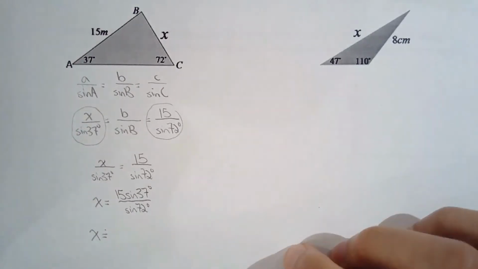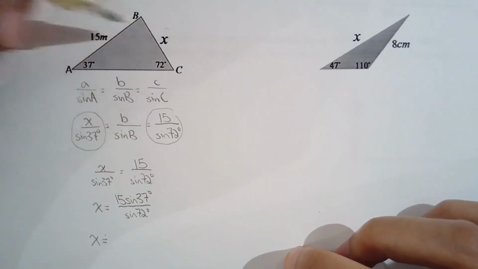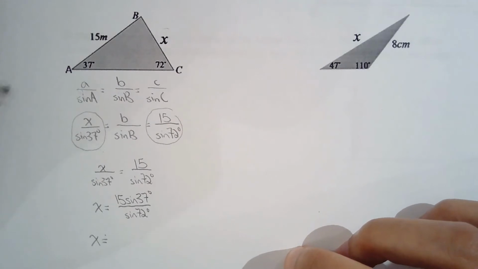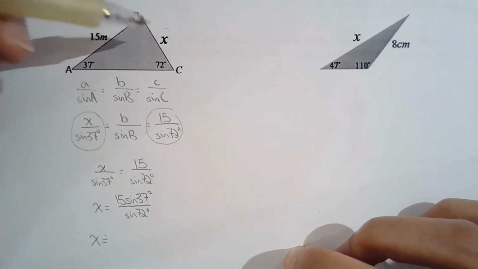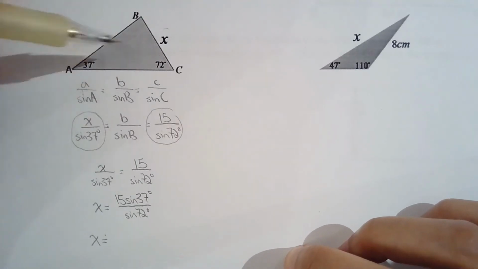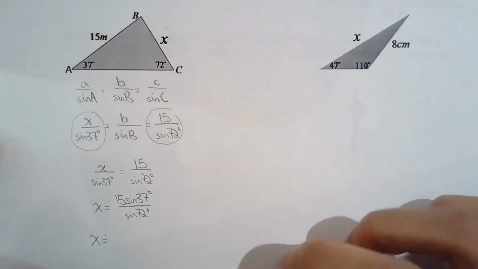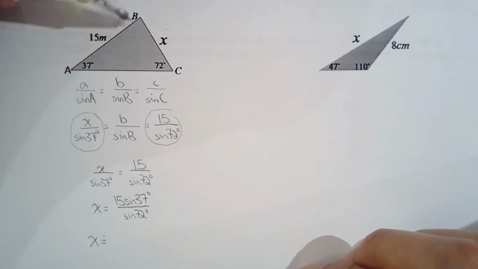Now before I solve it, let's take a look at the diagram. Is my expectation that x is going to be greater than 15 meters or less than 15 meters? Sorry, it's going to be less than 15 meters because this angle here is 72 degrees. If you can imagine, you have to open this angle up wider, so the side opposite to angle C will be larger.